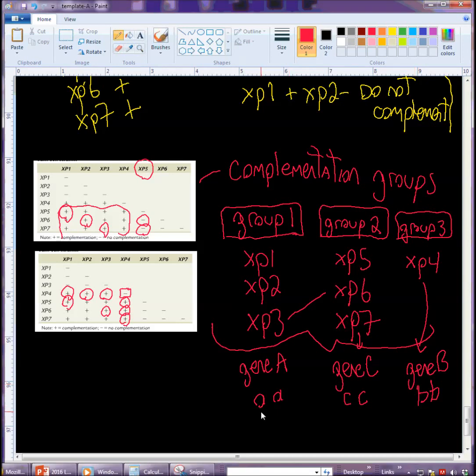So we discovered at least 3 genes through this process, and I think scientists have discovered like 7 using a similar technique. So 7 or more, I don't know the exact number, but many different genes required for xeroderma or for nucleotide excision repair.